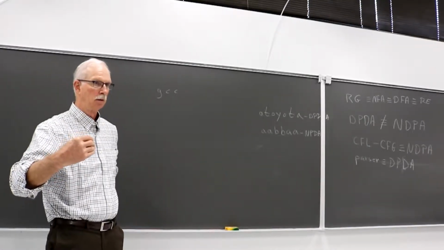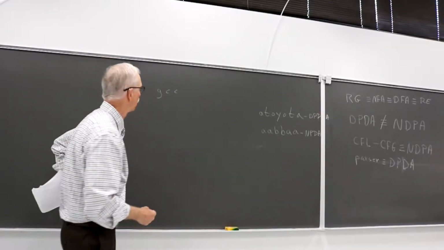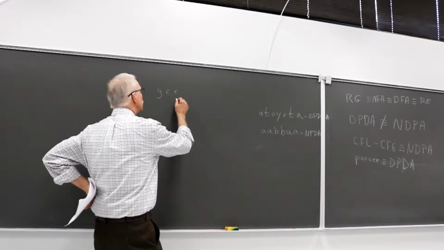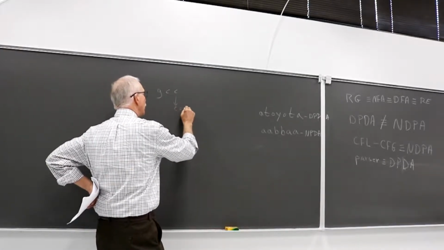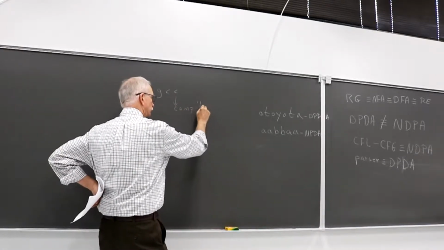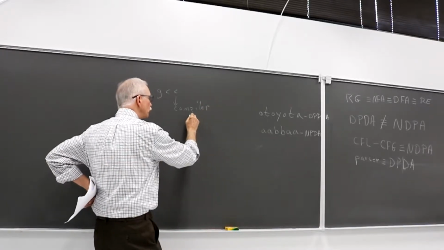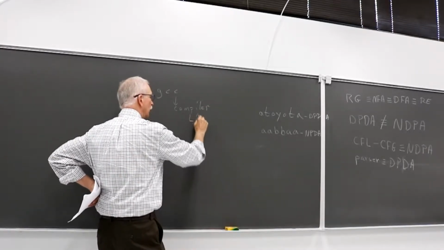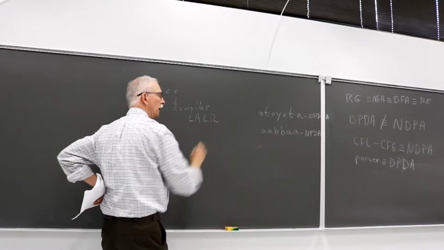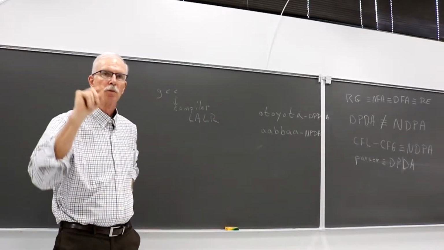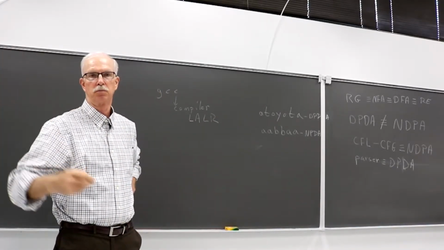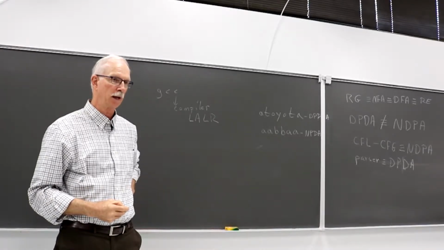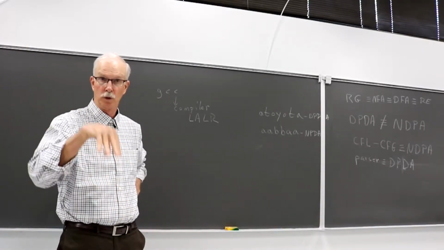It'll compile C++ and so on. So GCC is a compiler. It used to be an LALR compiler. You will learn in another 3 or 4 weeks what an LALR compiler is.